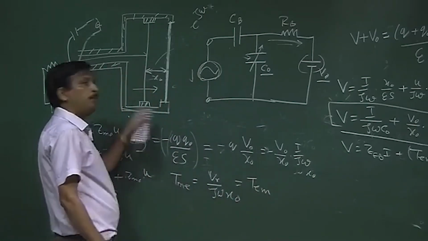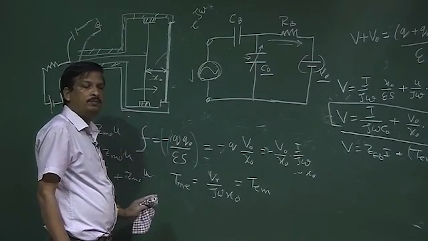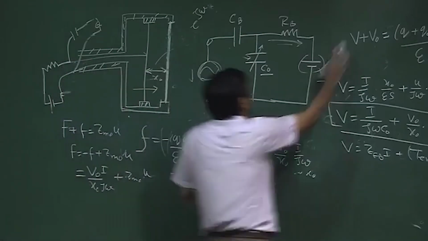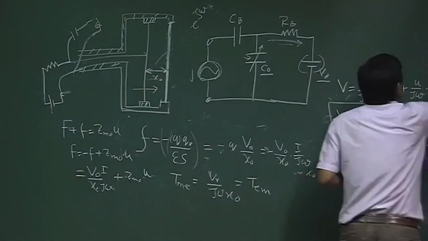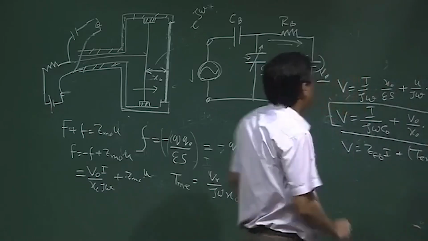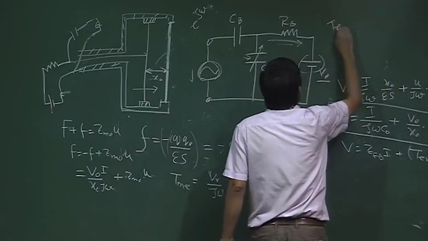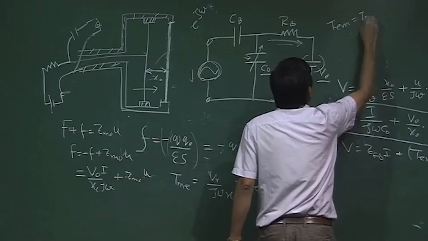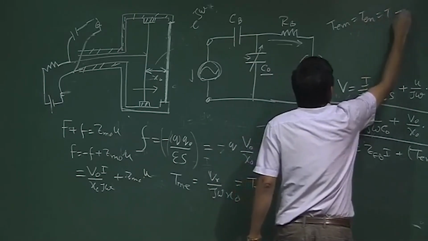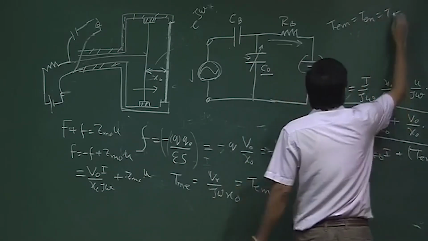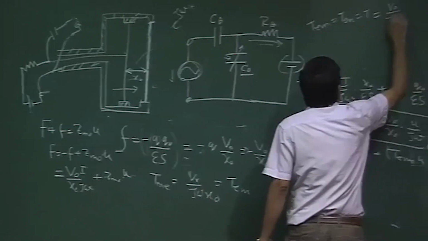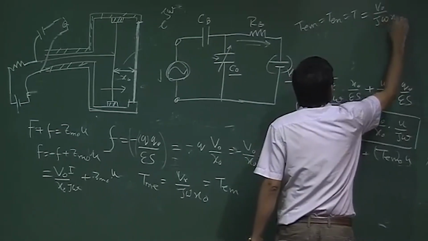So, it is a reciprocal transducer, proved. Then, what is phi? So, for a reciprocal transducer, TME is equal to TEM is equal to T is equal to V0 by j omega x0.